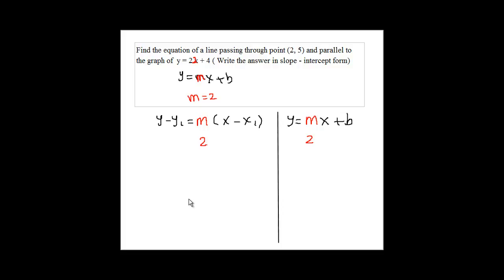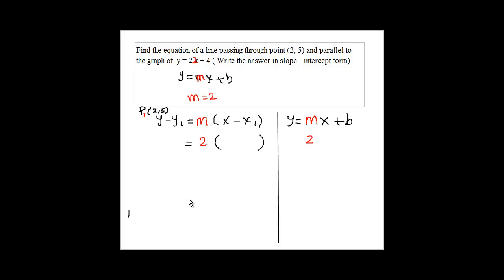Now, if I'm going to use the point-slope formula that Brian suggested, then I'm going to treat my given point as point 1, being 2 and 5.